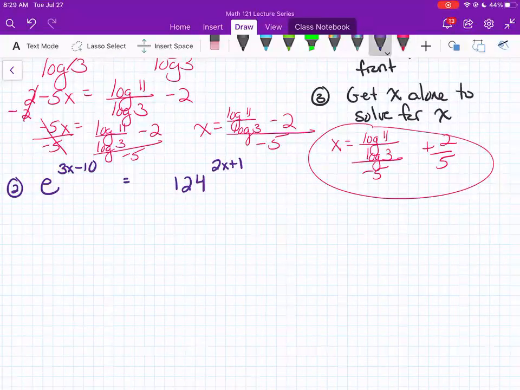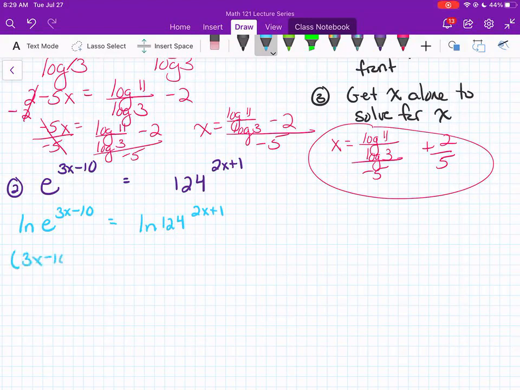In the second example, because an e is involved, I'm going to choose to take the ln of both sides. However, the same steps apply in terms of I can pull my exponents out front. So this now becomes (3x minus 10) ln of e equals (2x plus 1) ln of 124.